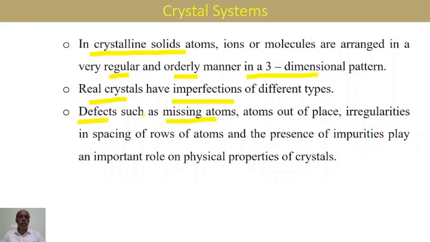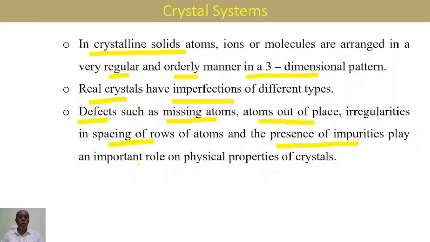And the defects, otherwise known as the imperfections of real crystals, may be due to the missing atoms, may be due to the atoms out of place, or the displacement of atoms from their regular positions, as well as the irregularities in the spacing of rows or columns, and also the presence of impurities.